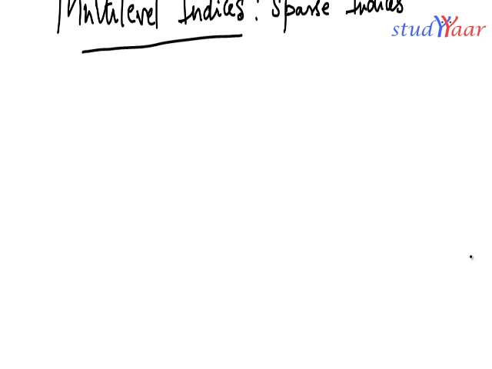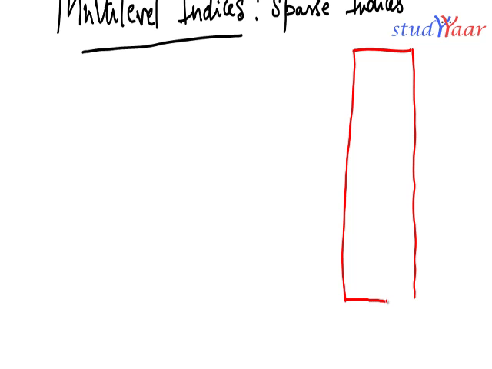So let's see how they are used. Let's suppose I have a file which has 1 lakh entries, that is 10 raised to power 5 entries I have in my file.